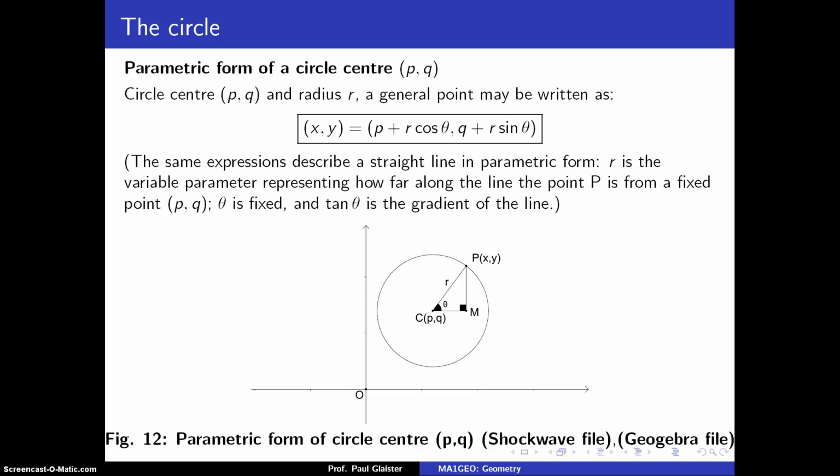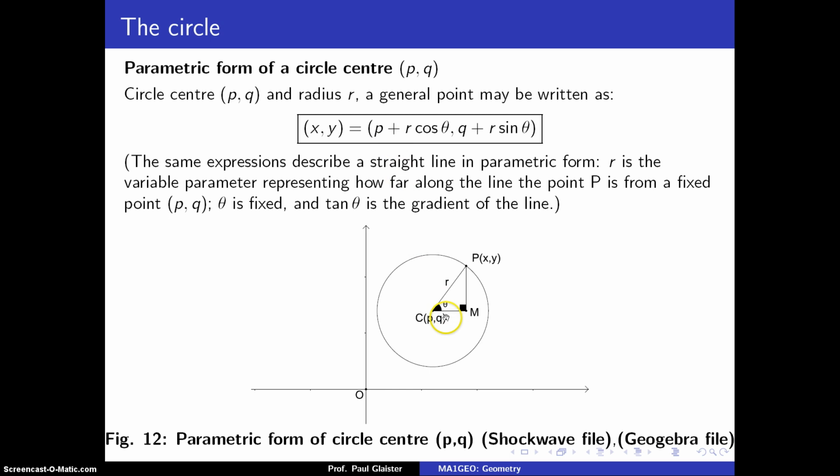One can do exactly the same thing for a circle which isn't centred on the origin, so in this particular instance my circle is centre PQ, still radius r, and in this case from this triangle with theta being the parameter, then x minus p will be r cos theta.